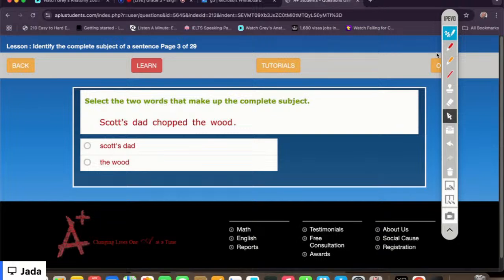Okay, so Scott's dad chopped the wood. So select the two words that make up the complete subject. Scott's dad chopped the wood. What is the two word here?